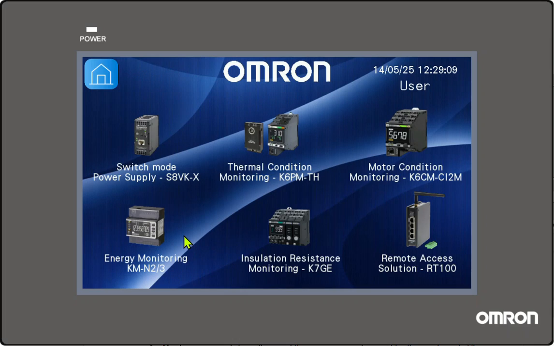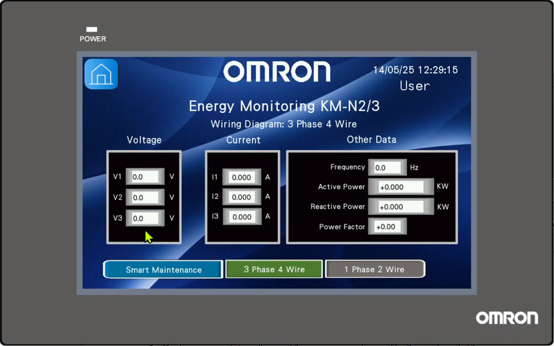Then I also connected the KM2 and 3, which is the energy monitoring. In this case, I just put the example for only 2 wiring diagrams, the 3-phase and 4 wires, and also the 1-phase and 2 wires.